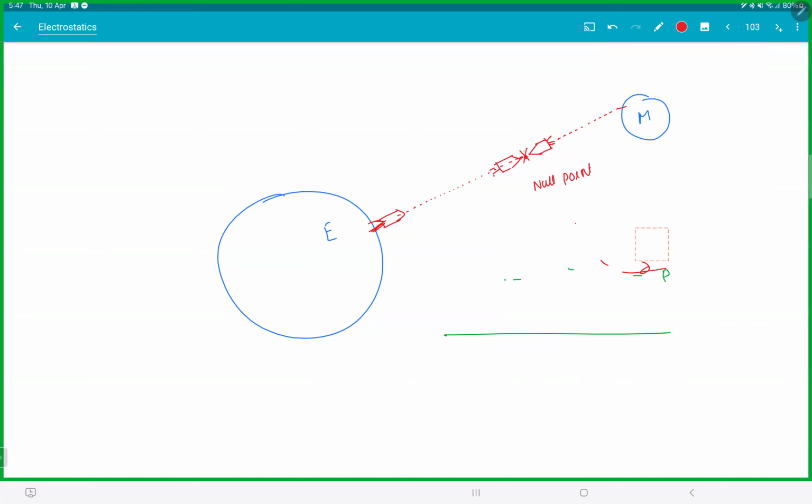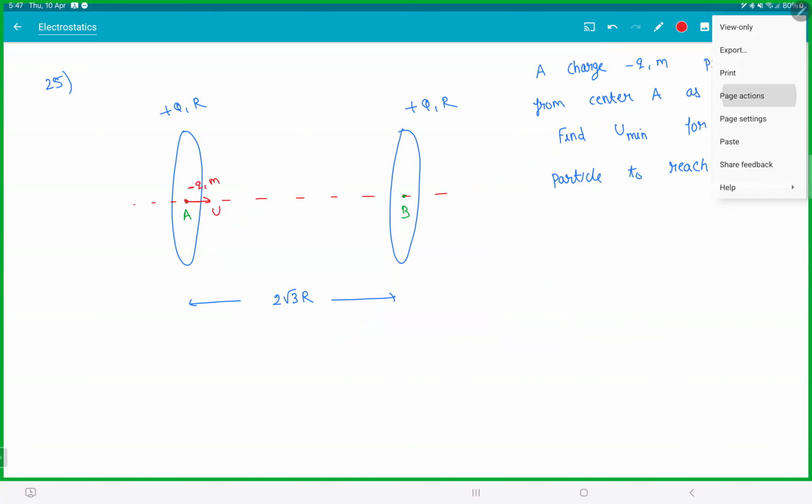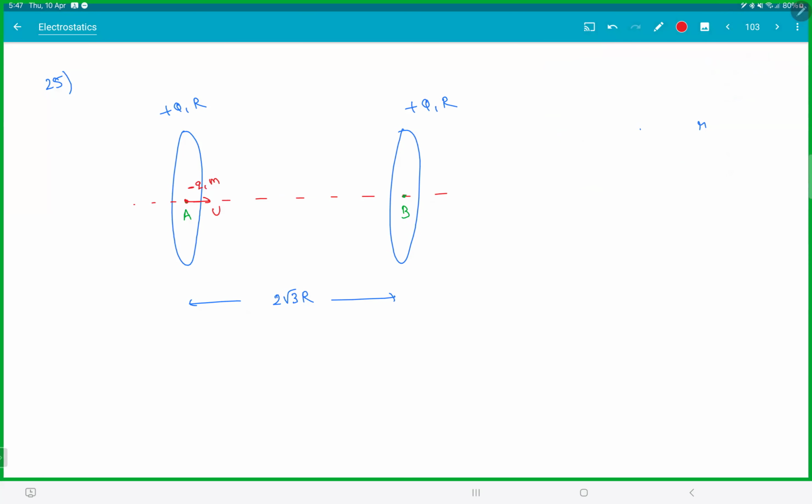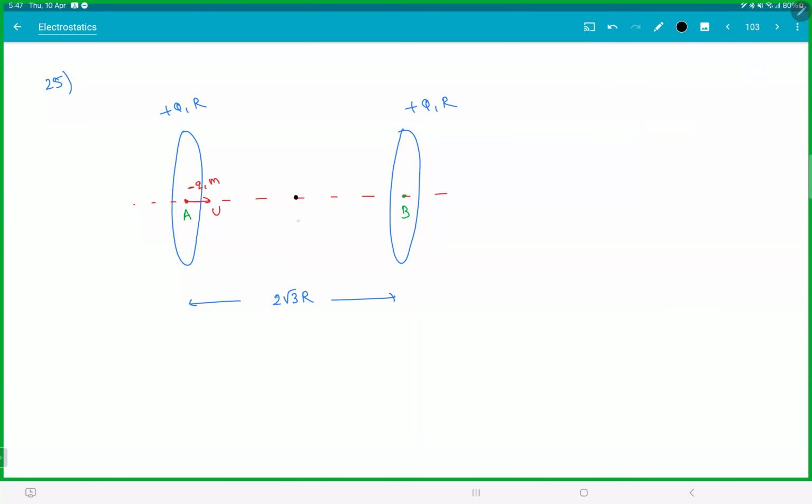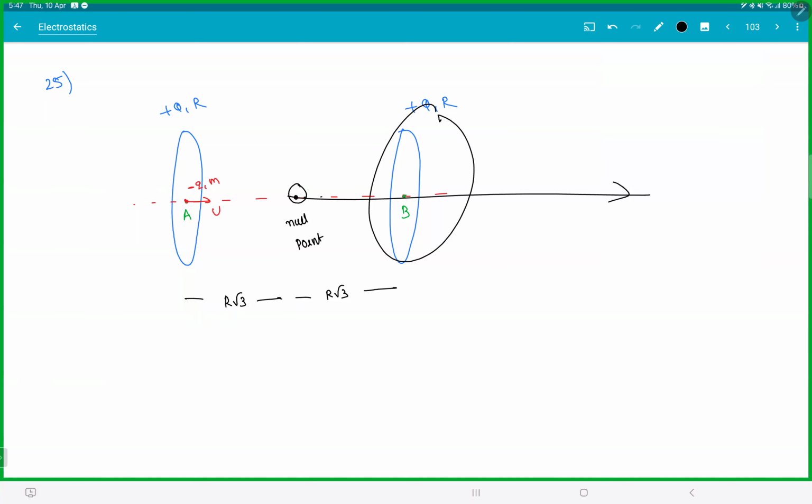So using that, if you see in our question, what is the null point here? The center, right? Because of symmetry, you can clearly tell this is the null point, which occurs at r root 3 and r root 3. That means if you can send a particle till the center, after this automatically, this ring will attract more strongly than that, automatically it will cross, right? I never said you should come to rest at B. The question is, with what speed should I throw?